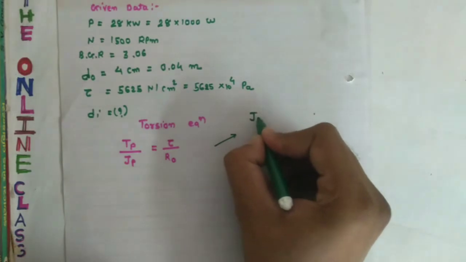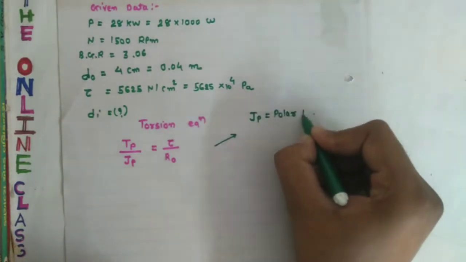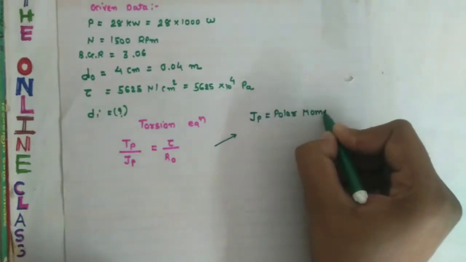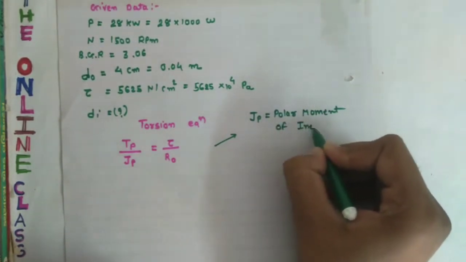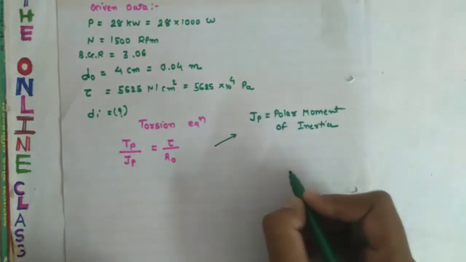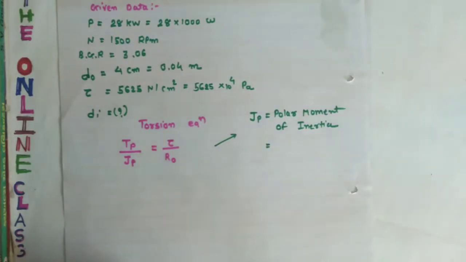JP is our polar moment of inertia. What is the equation of polar moment of inertia?